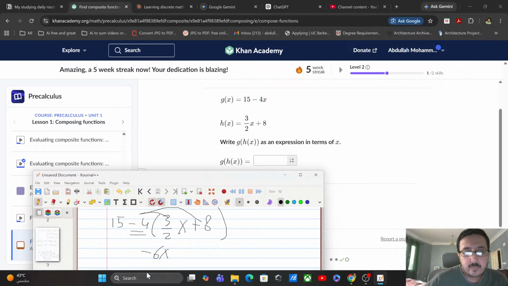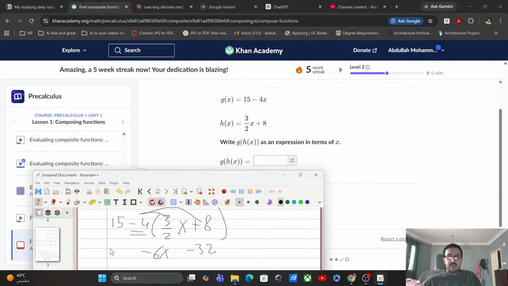And I get minus 4 over 8, minus 4 multiplied by 8, it's a minus 32. But let me check this again. Minus 4 multiplied by 3 over 2, that's a minus 6x.